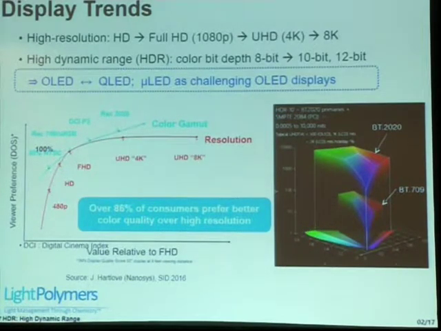Okay, so in this display trend, which will be the winner between the OLED and QLED? Also, micro LED will be another option for future display.